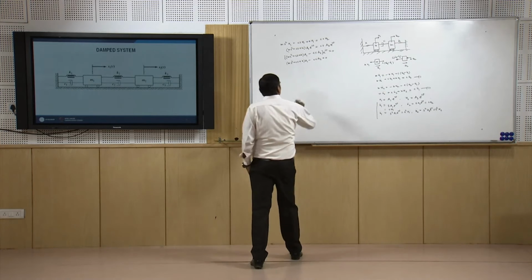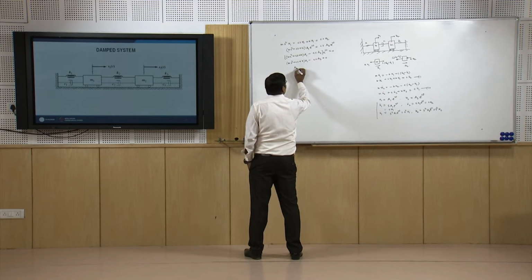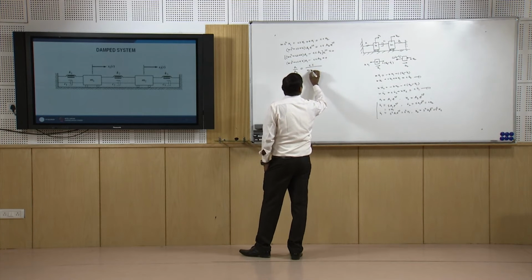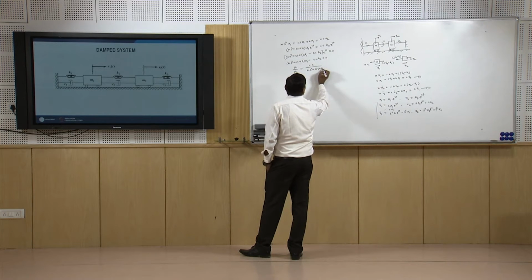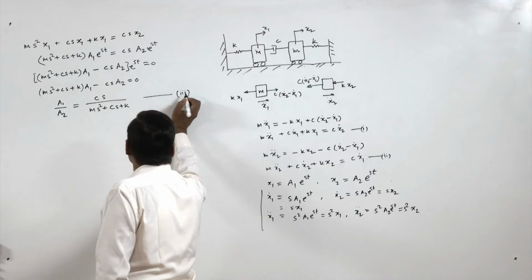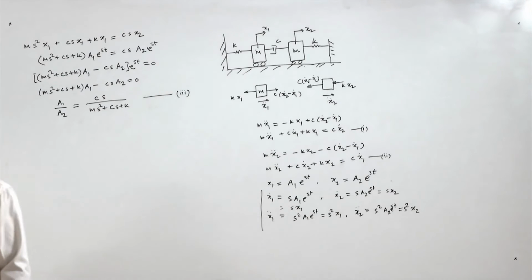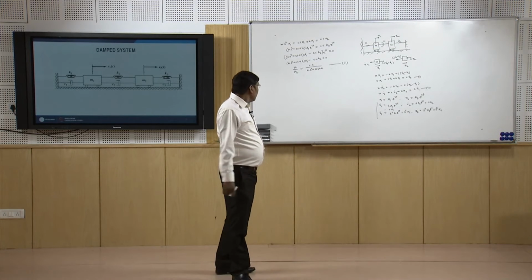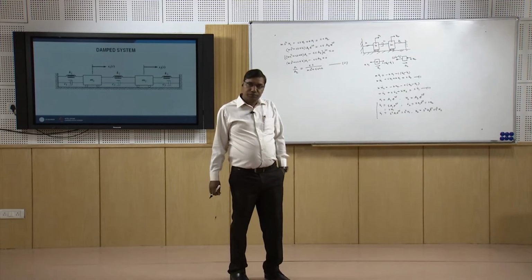And so we can write a1 by a2 equal to c s by (m s square plus c s plus k), and this is equation number 3. So, here we have obtained the amplitude ratio as a function of s.